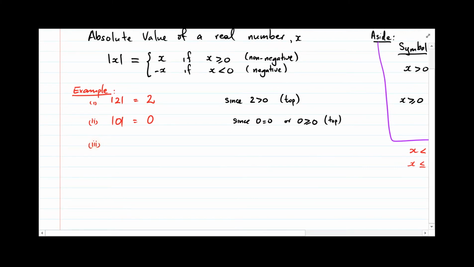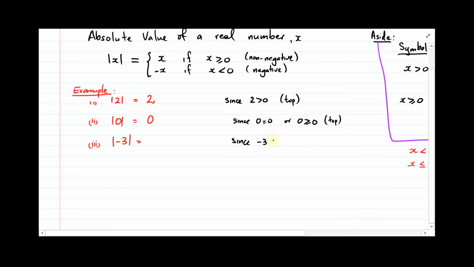These are kind of trivial examples, so let's look at the absolute value of -3. Based on what I have here, I would again ask the same question. What can I say about -3?